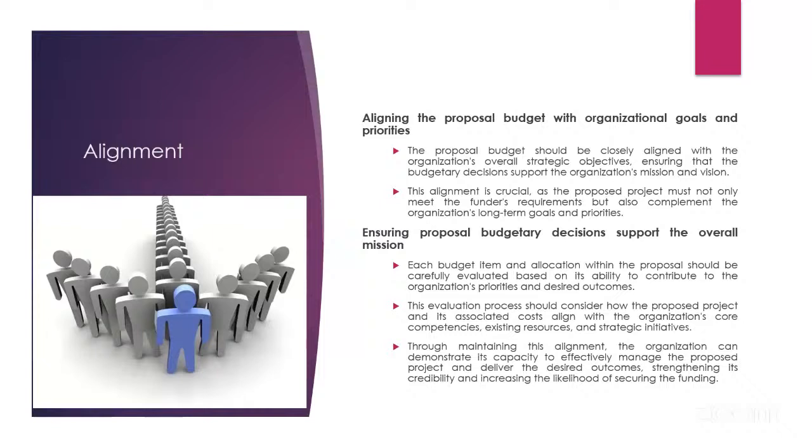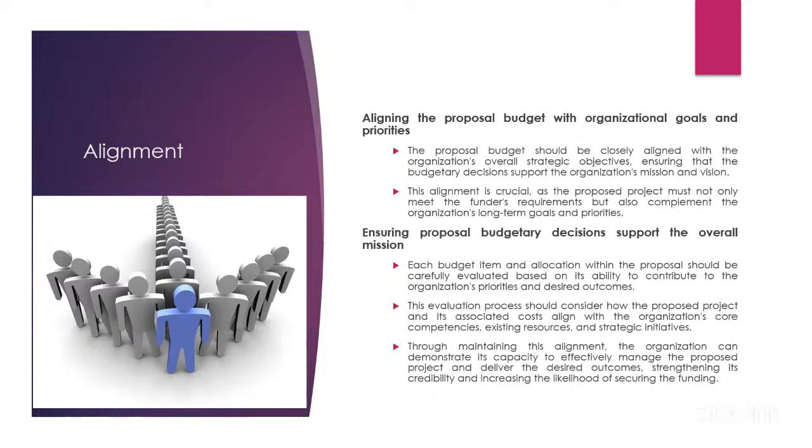Then, in ensuring proposal budgetary decisions support the mission of the organization, each and every budget item and allocation within the proposal should be carefully evaluated based on its ability to contribute to the organizational priorities and outcomes desired by the organization.